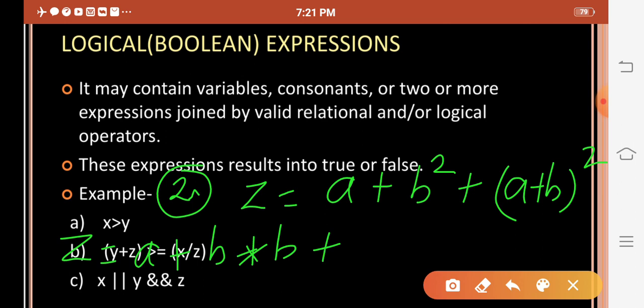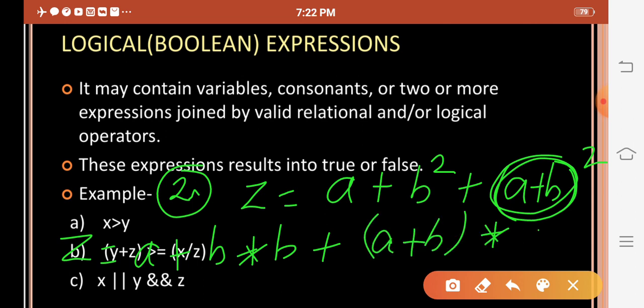Now this is a plus b ka whole square, that means you will write a plus b. This a plus b is actually a single term, so you will multiply this term with itself. ठीक है, तो आप कैसे लिखोगे? a plus b asterisk a plus b semicolon. So this is your second answer.